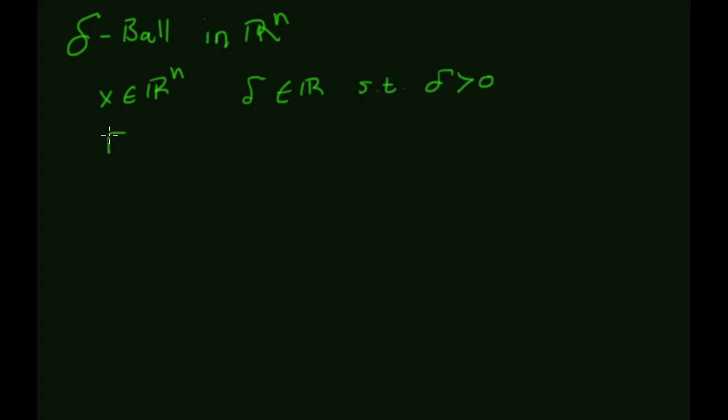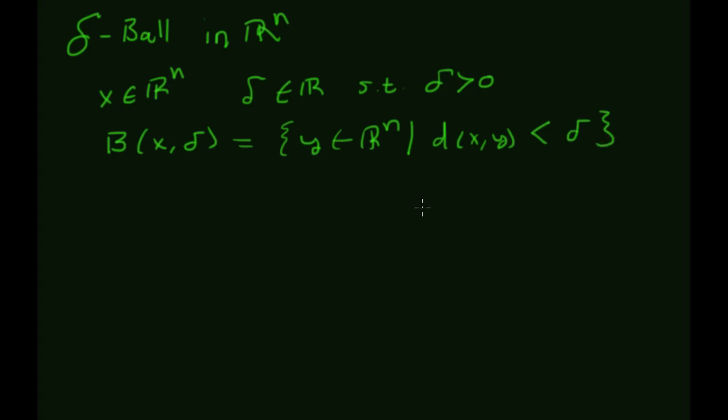Okay, so we're going to define this B. B is going to eat x and delta, so something in Rn and a real, and it's going to return a set. It's the set of all y which are in Rn such that d(x, y), so the distance between x and y, is strictly less than delta.